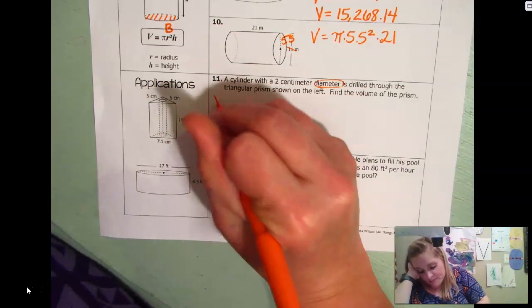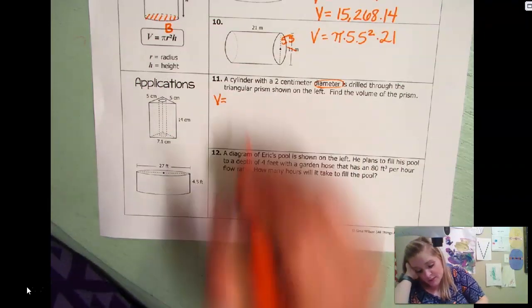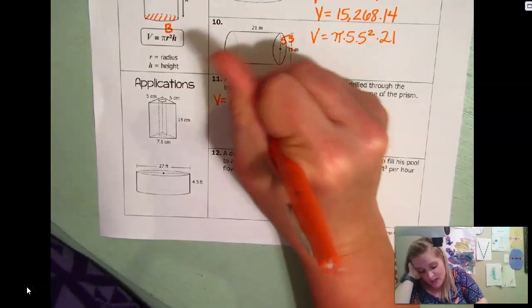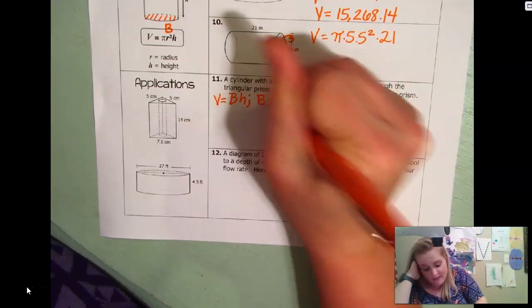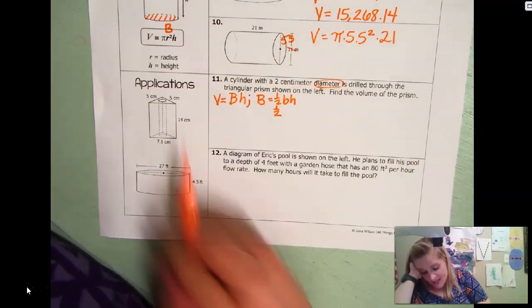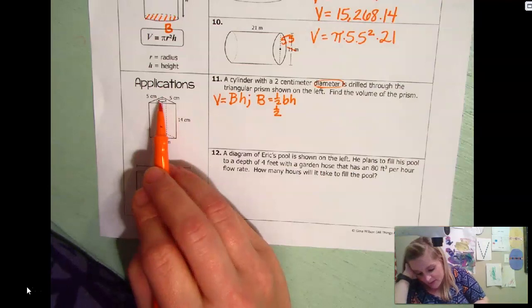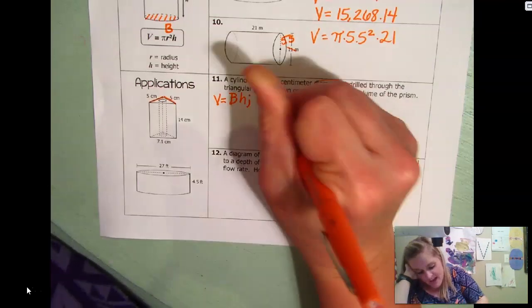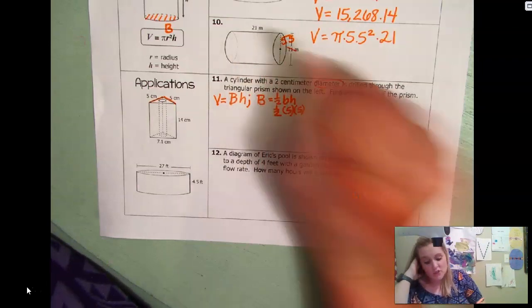The volume of the triangular prism is going to be big B times height. Big B is going to be 1/2 the base times height. So 1/2. This is a right triangle, so we're looking for the legs, a leg of 5 and a leg of 5. So that's just going to be 5 times 5, which is 25.